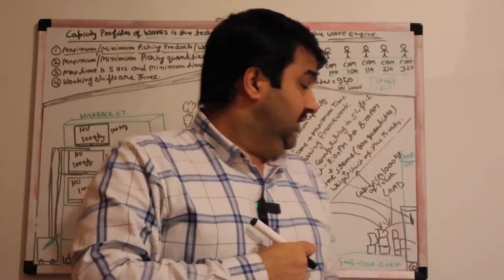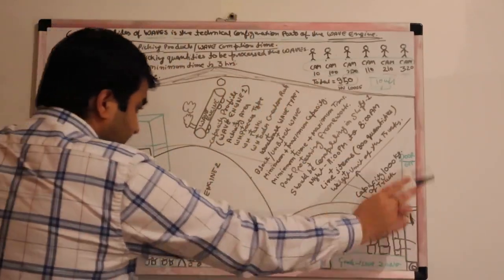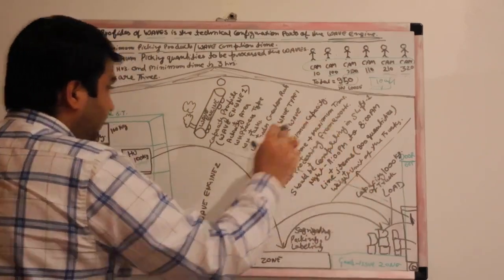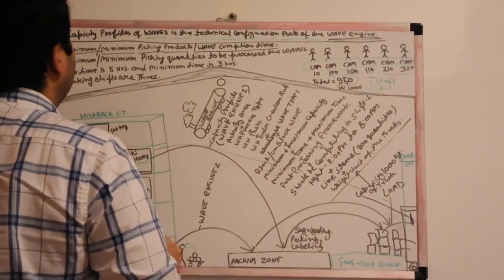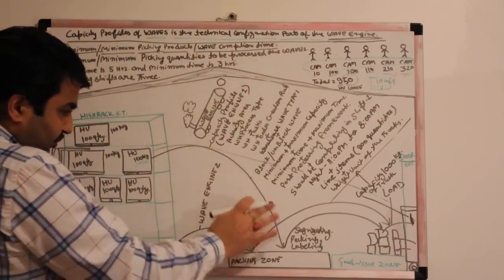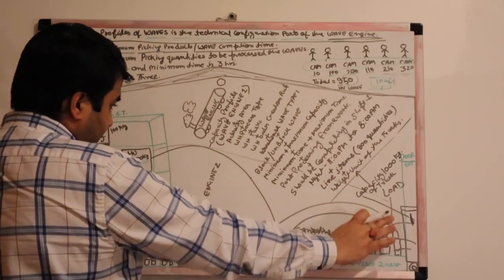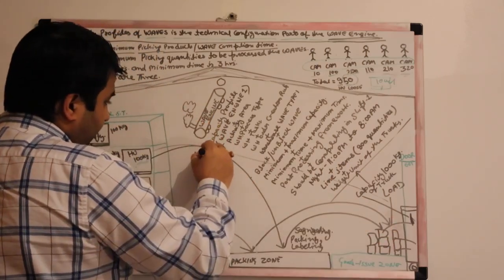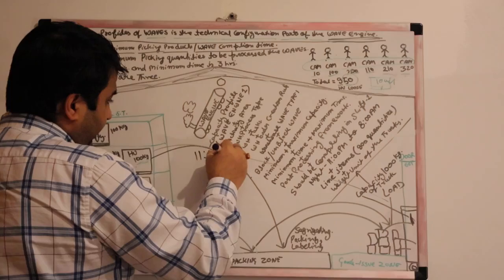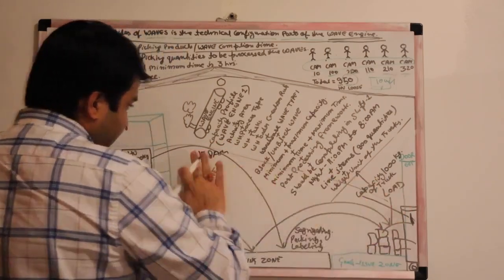This is one wave flow, this is another wave. So the wave engine has a wave completion time. Suppose wave 1 should be completed at night time, 11 p.m. to 8 a.m. I need to complete this first wave.